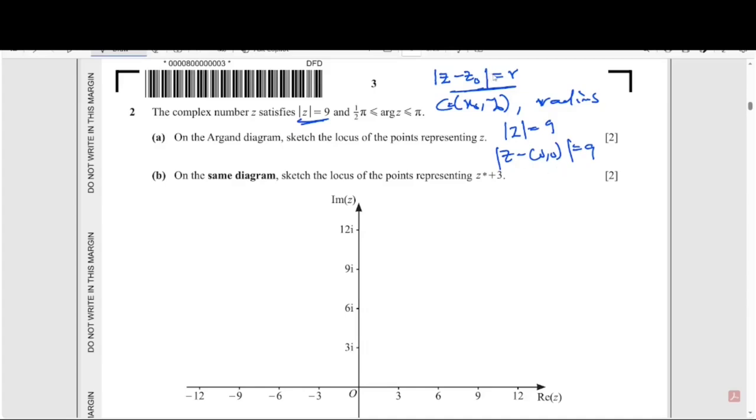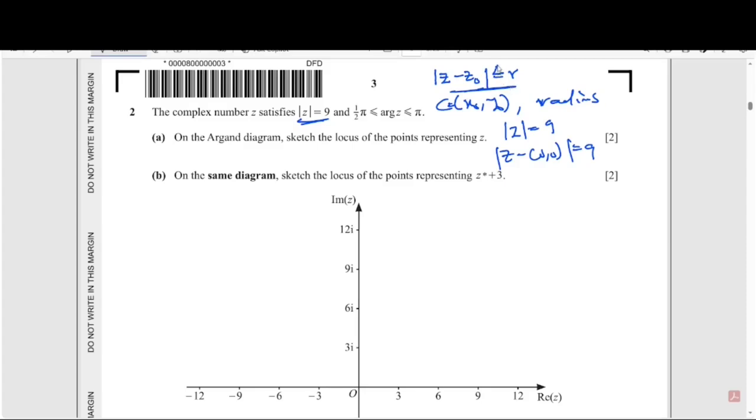Let me get back to this curve. If this were just less than or equal to, it would represent both the circumference and the inside of a circle centered at x naught, y naught with a radius of r.